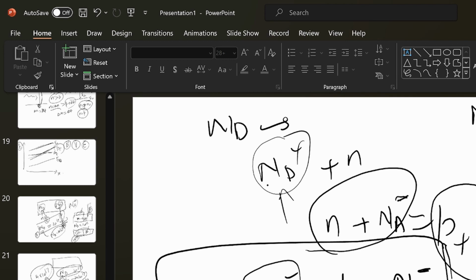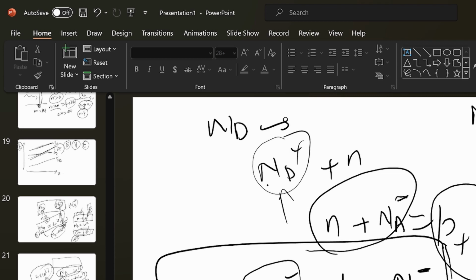Also at equilibrium we have the law of mass action: np is equal to ni square. Whatever the case, this will always hold at equilibrium.